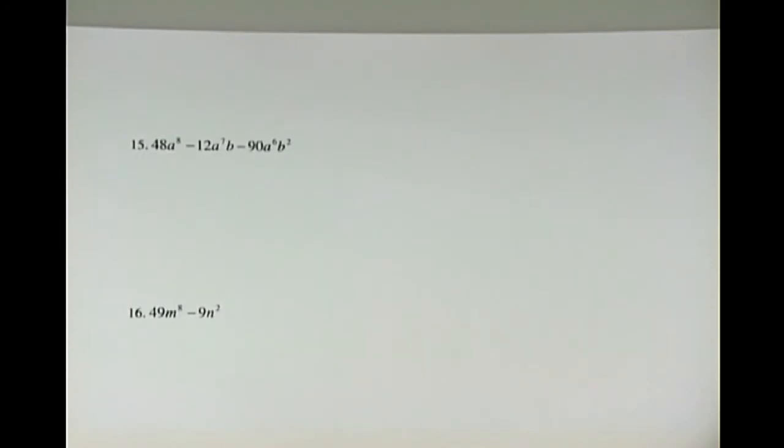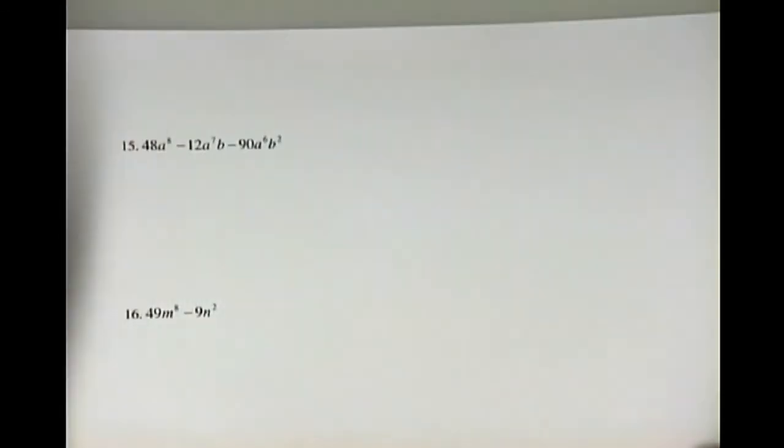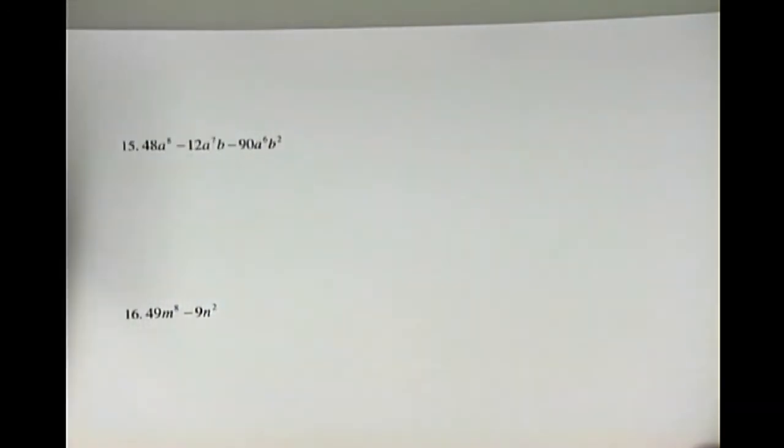Okay, so now we're going to be doing more factoring on the review worksheet, getting ready to go into college algebra. On this one we have 48a to the 8th minus 12a to the 7th b minus 90a to the 6th b squared. Again, you always want to start by factoring out anything that you can at the start.